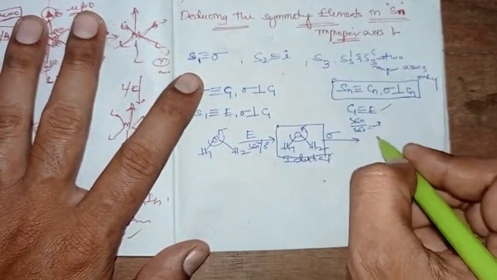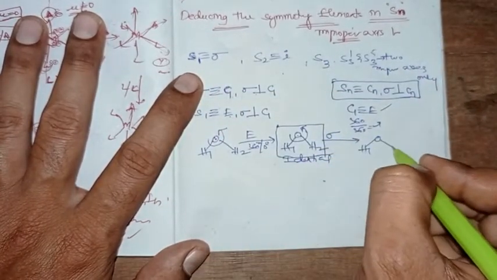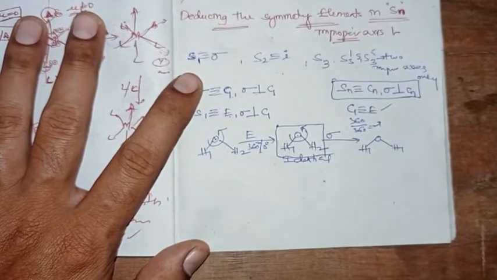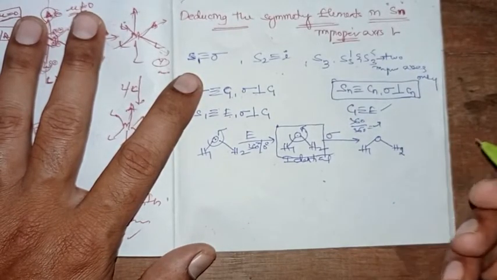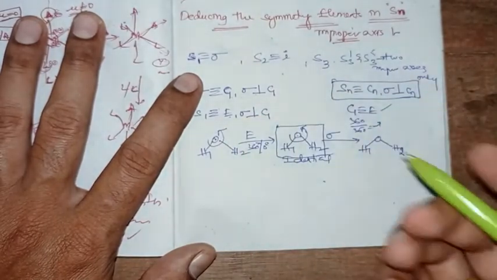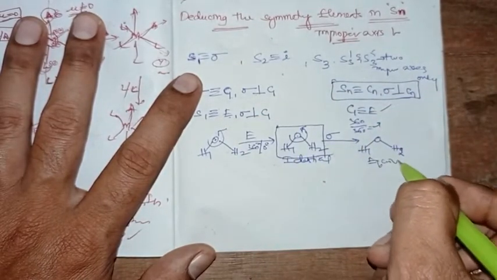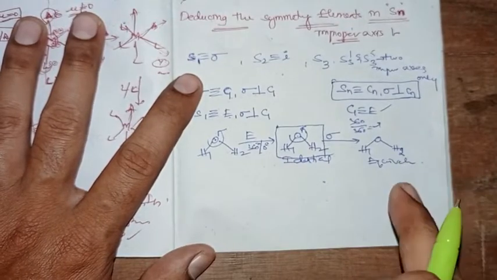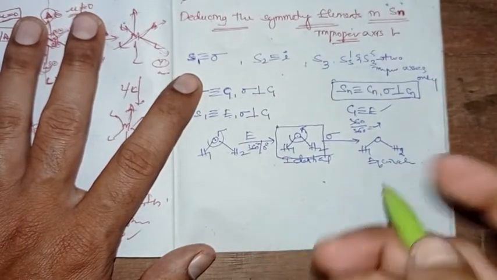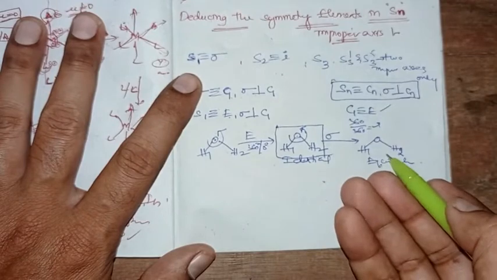So with this application, what happens? The H1 and H2 are still in the same position, but the faces of the atoms get changed. So this will be an equivalent configuration, right? Here we are generating an equivalent configuration.